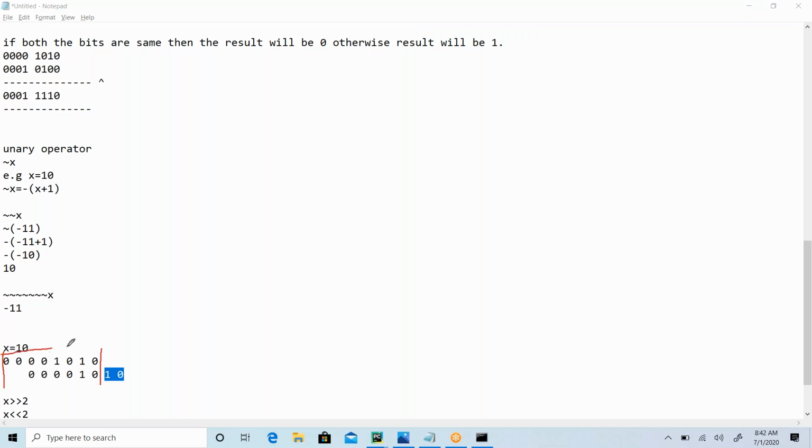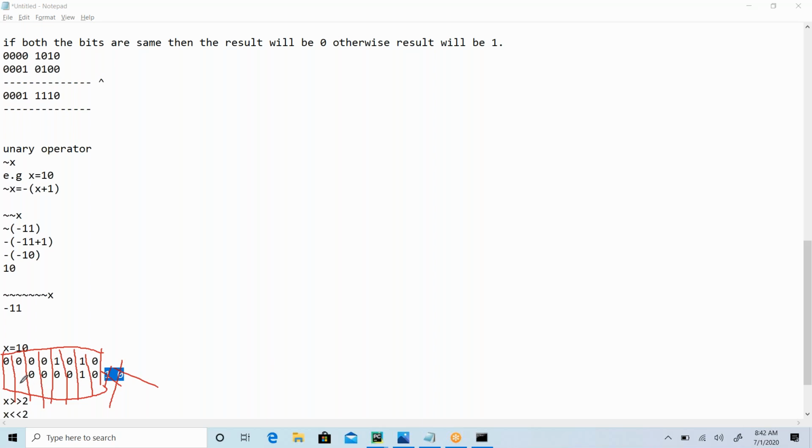If you assume these are the bit cells, an 8-bit representation, and you shift by 2 bits, you are going to lose 2 bits, guys. So we'll be losing this bit as well as this bit.